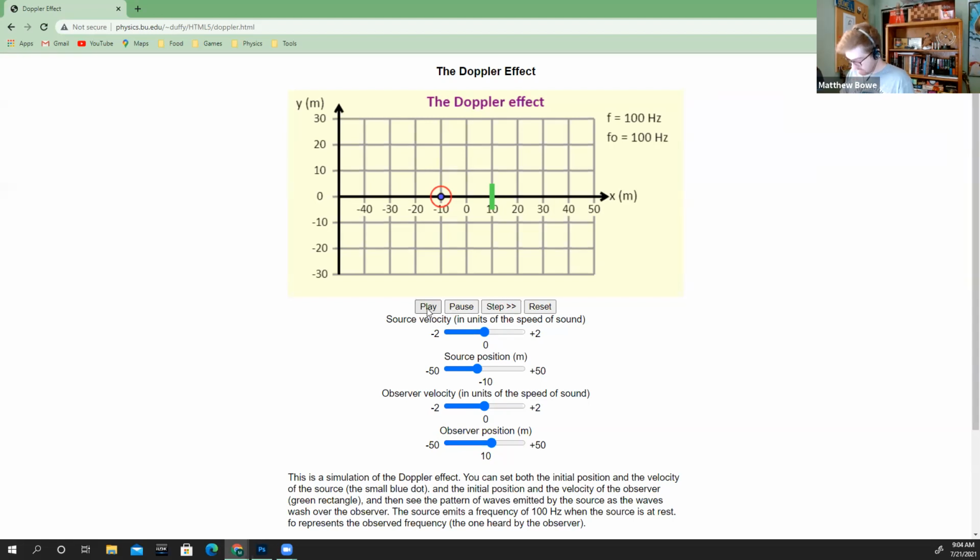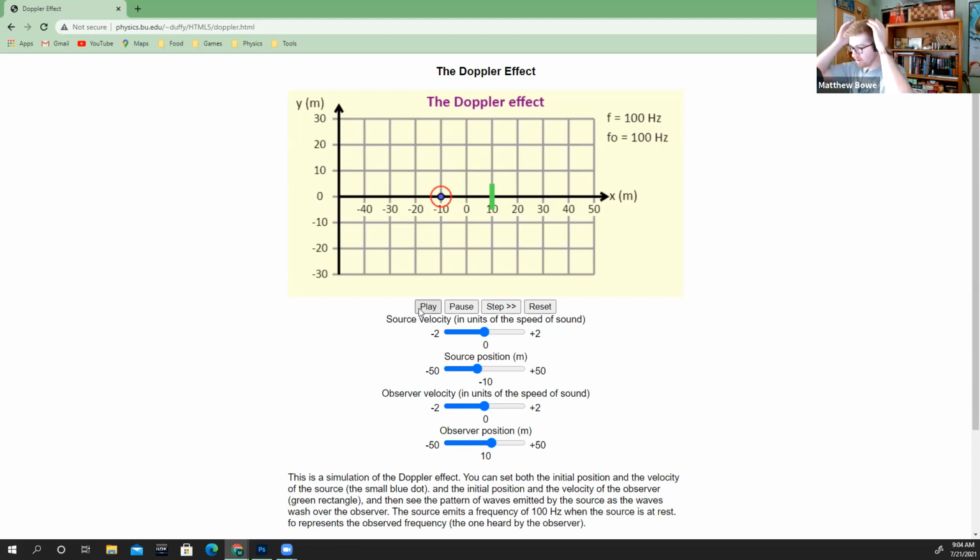For a lot of this time I've been saying a car horn, but it doesn't have to be a sound wave. It can be a light wave. Actually, this process that I've been showing can also be done with light waves. Light waves' wavelengths can be stretched or shrunken.